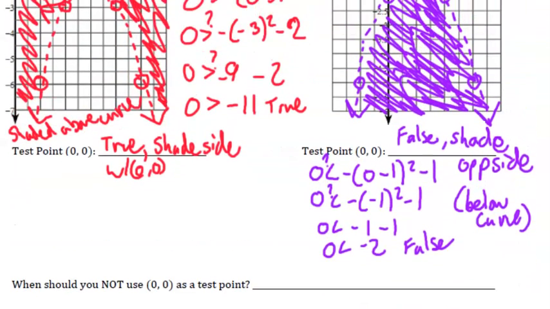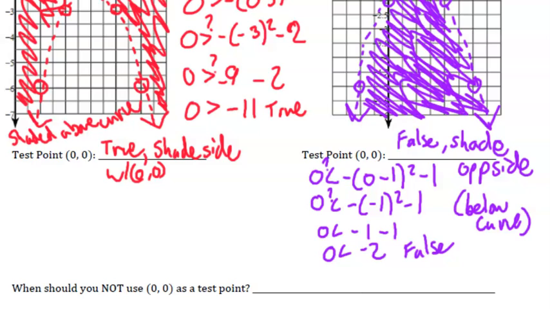When should you not use (0, 0) as a test point? Notice on all 4 examples we used (0, 0). It's easy to work with. However, there's one instance where you should not use it. It's when (0, 0) lies on the curve.